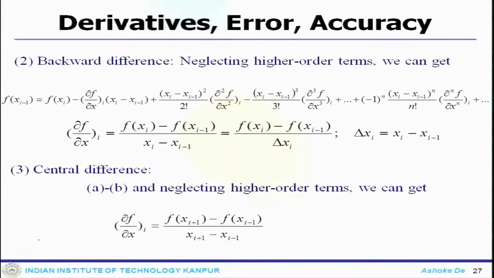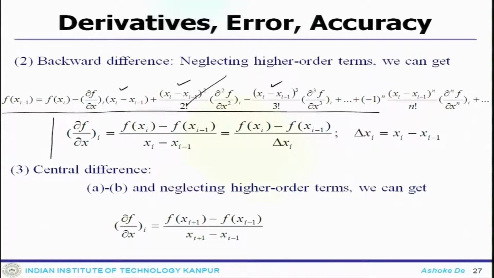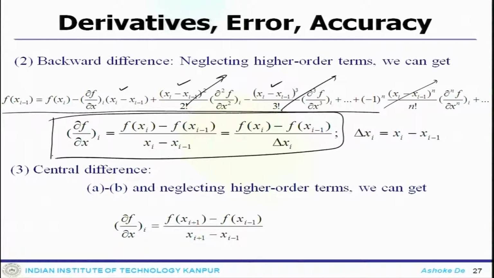Similarly, if you write the backward system, you remove the higher order terms, and that is why the difference between the points comes as x_i minus x_{i-1}. If you neglect the higher order terms like this term and this term, you get this expression.